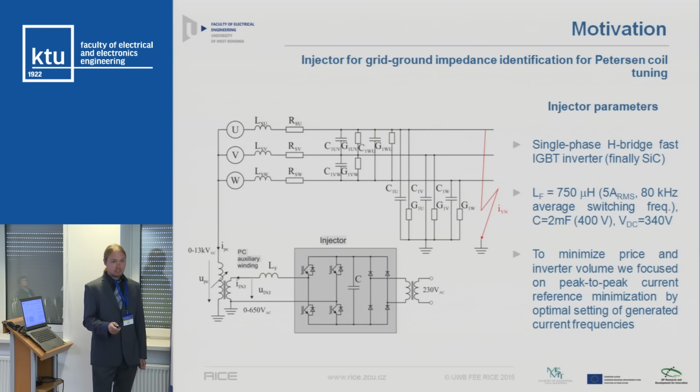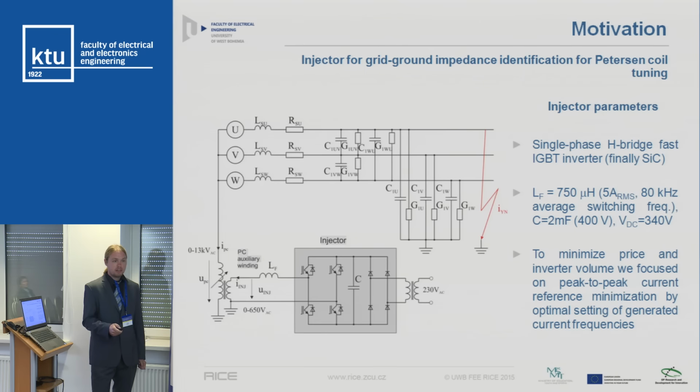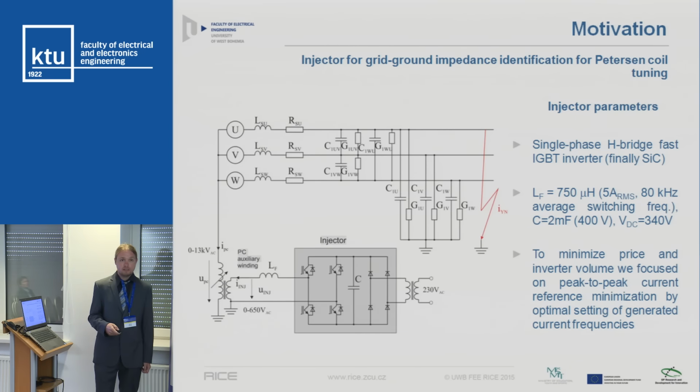This is our injector with filtering inductance, and we are measuring the output injector current and output injector voltage, and we are calculating some admittances. I will talk about this in the next steps.